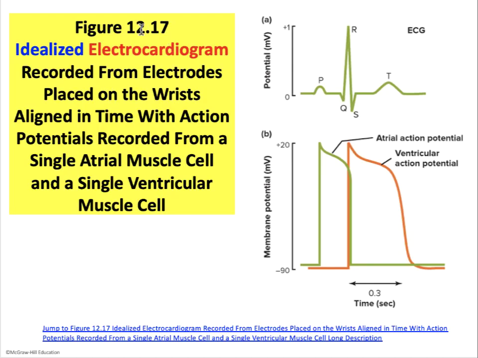In this figure here, 12.17, this is what a typical ECG from an ideal patient should look like at rest. We can see the names of the various peaks, the P wave, the QRS complex, and the T wave. And in green and orange, we can see what's happening at the membrane potential level within the region of the muscle tissue.